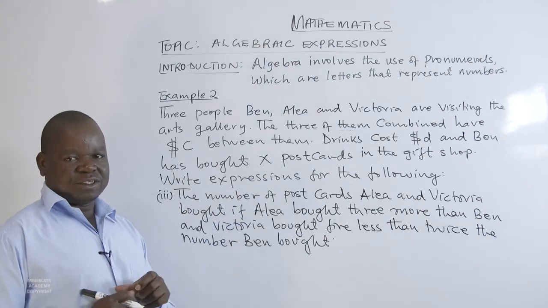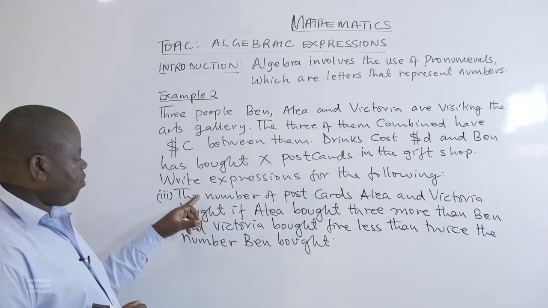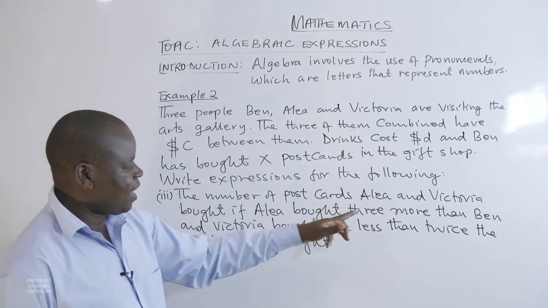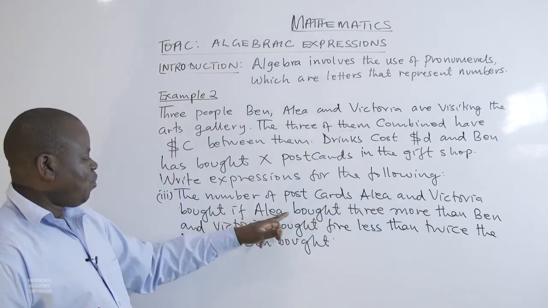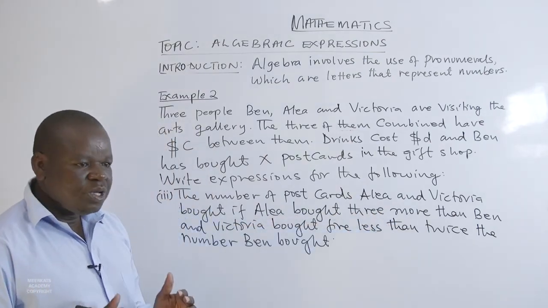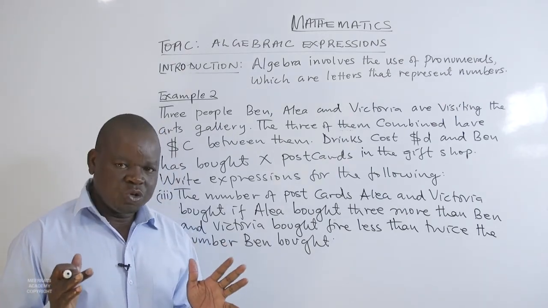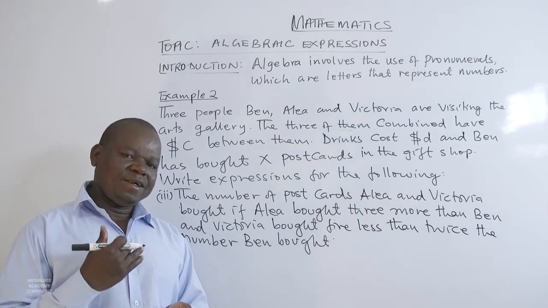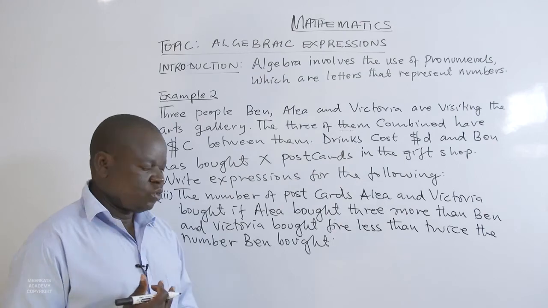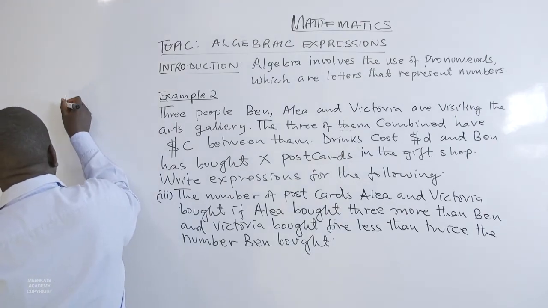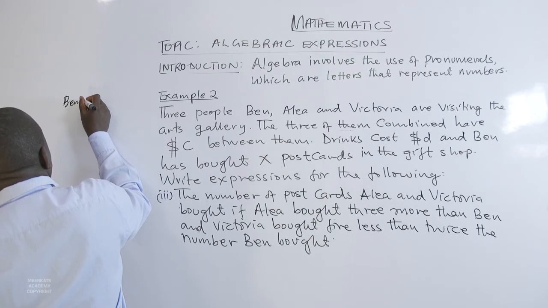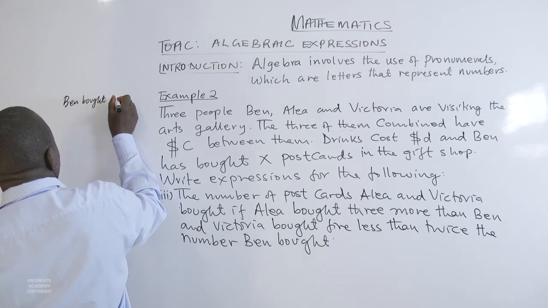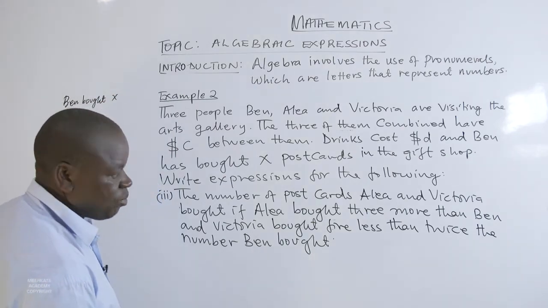Remember, Ben bought X. So if Ben bought X and Alea bought 3 more than Ben, it means that in addition to what Ben bought, which is X, Alea exceeded by 3. So we start with Ben. Ben bought X. That is Ben.